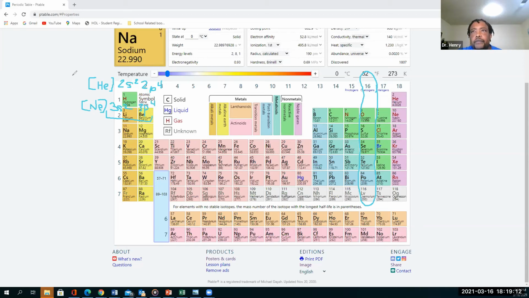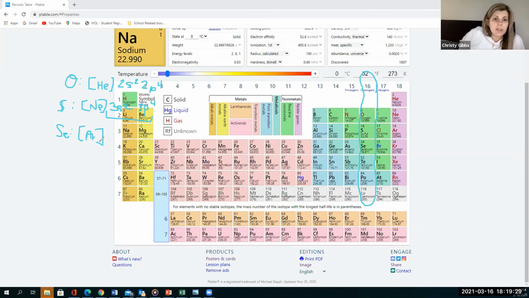For selenium, it would be argon, 4s2, 4p4. Yes, it would be 4p4, but there's also the 3d that is completely full. So we'd write 4s2, 3d10.